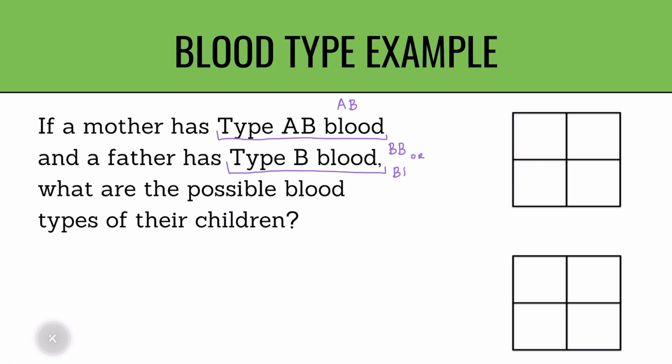Since dad has two options and I'm not told which one is the correct one, I have to do two different Punnett squares. One as if he is BB and one as if he is BI. Okay? In both cases, mom only has one option, so that stays the same. And I would fill these out like so.